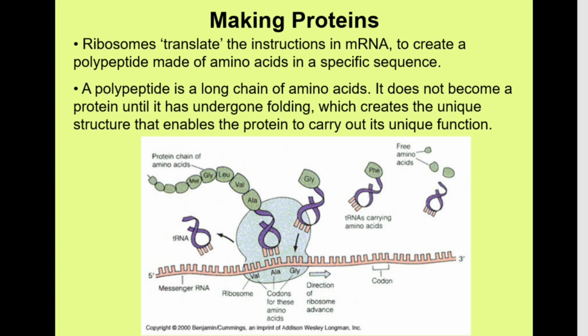And it is that process of folding that creates the unique structure that will enable that protein to carry out its specific function. Translation produces this long chain of amino acids, a polypeptide, but then that polypeptide will undergo a pretty intense sequence of twisting and folding and coiling to make a very complex three-dimensional structure that we can then class as the protein. It will have the right shape to do its job.